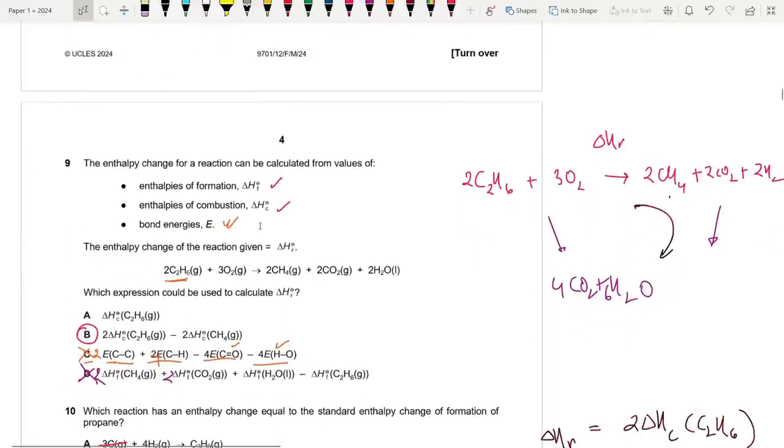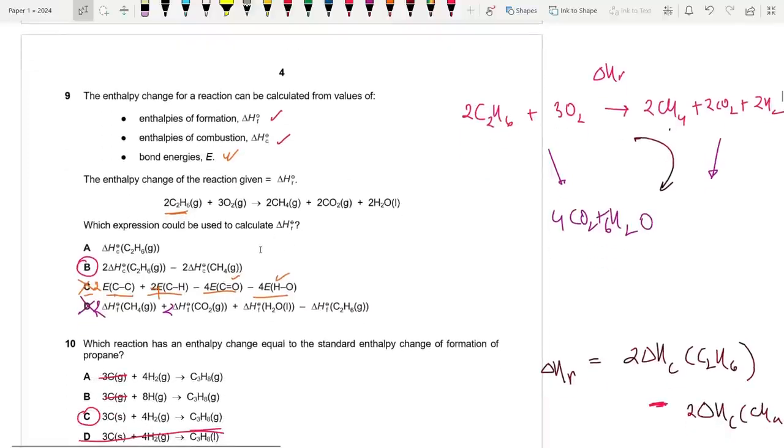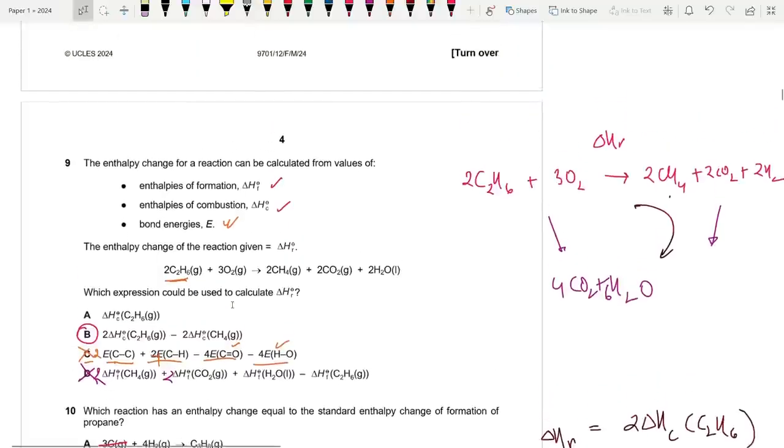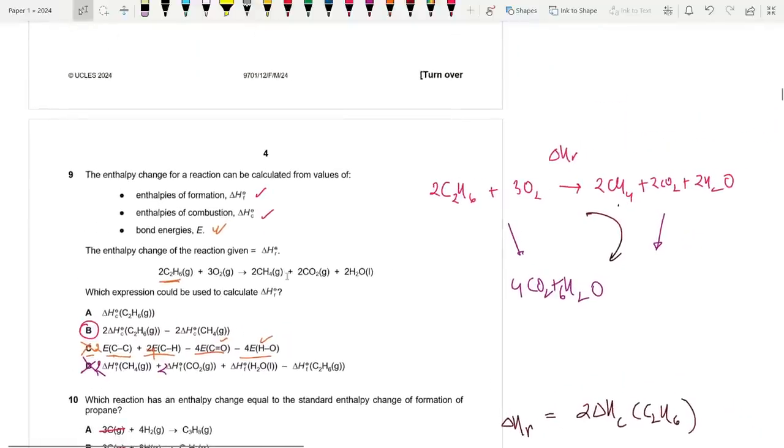So number 9, the enthalpy change for a reaction can be calculated from values of these. Okay, so this is a rather complicated question. So I'll explain why the others are wrong, but let's explain why B is the correct answer first.